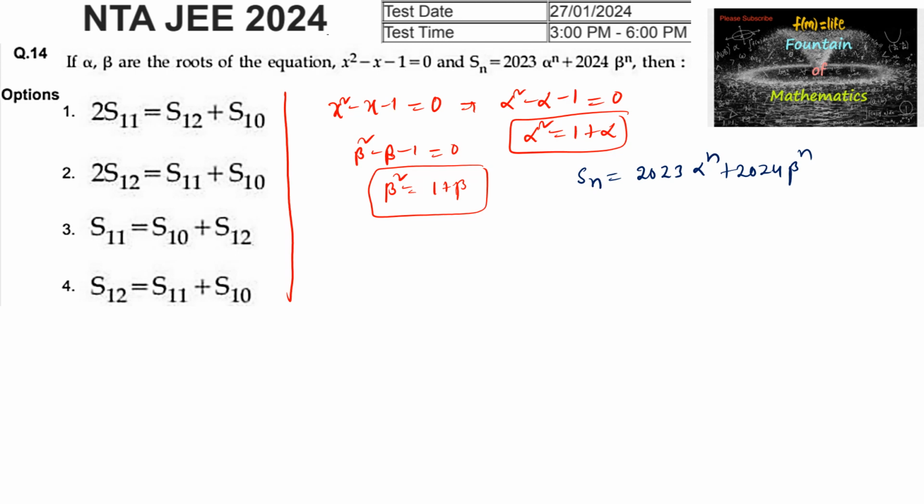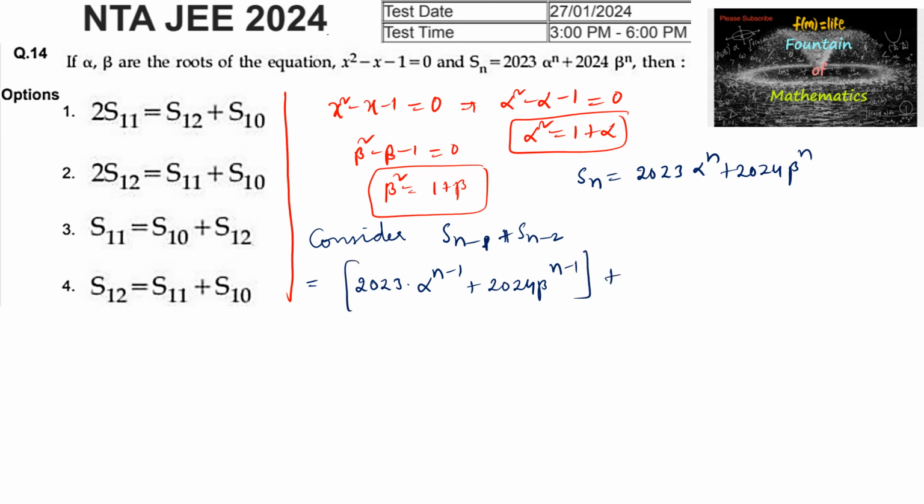So let us consider Sn minus 1 plus Sn minus 2, which is equal to 2023 alpha to the power of n minus 1 plus 2024 beta to the power of n minus 1 plus Sn minus 2.